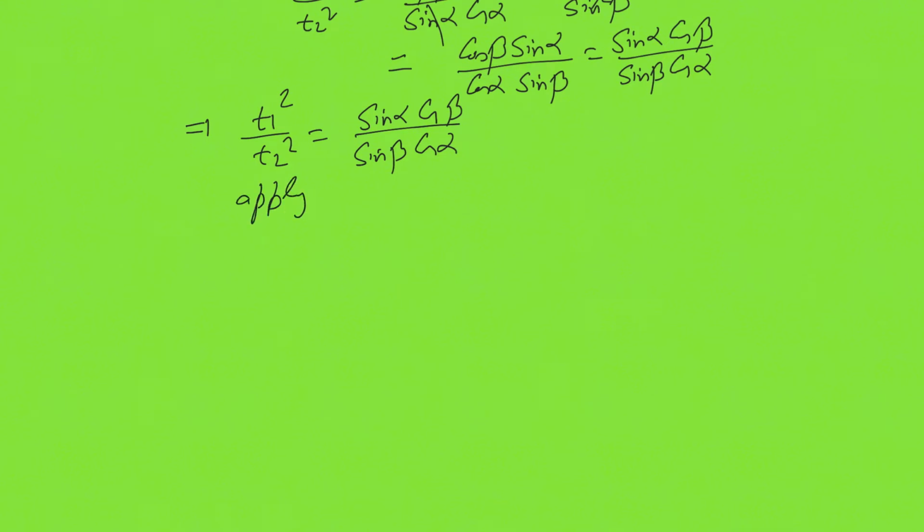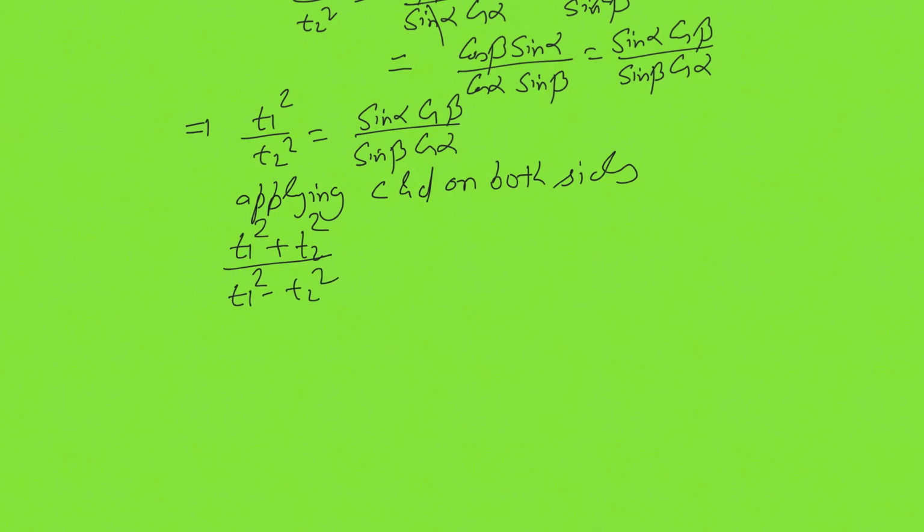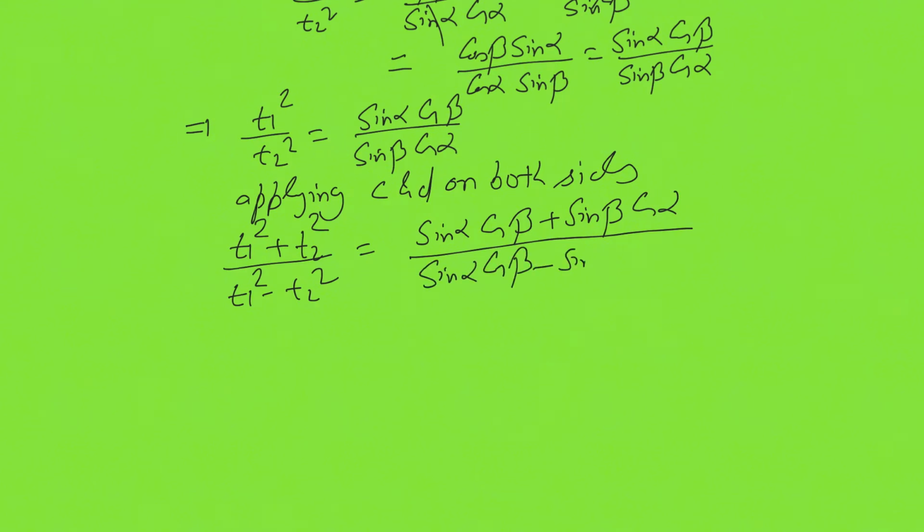Now next, applying componendo and dividendo on both sides. What it will be? It will be T1 square plus T2 square by T1 square minus T2 square equals sine alpha cos beta plus sine beta cos alpha divided by sine alpha cos beta minus sine beta cos alpha.